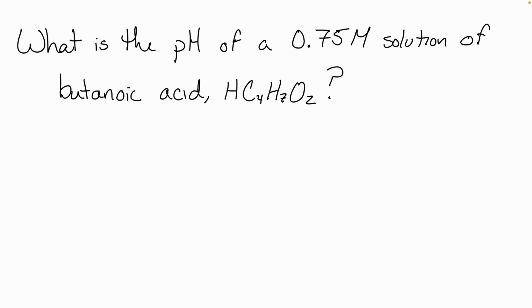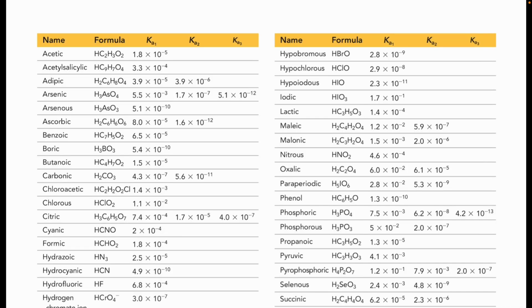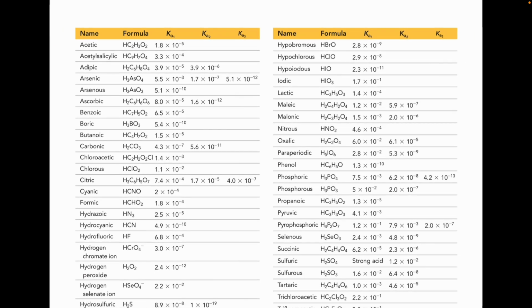One part of our constants page for this chapter is the formulas that we just looked at, but also importantly this table here. This is our table of Ka values for all of our weak acids. If I need to figure out the pH, I'm going to look on my Ka table for butanoic acid.